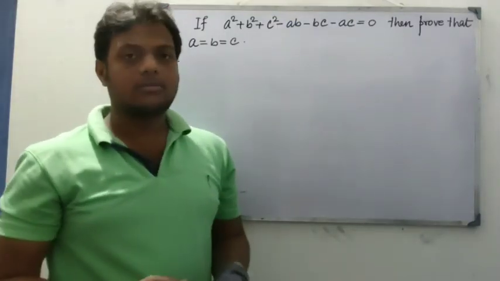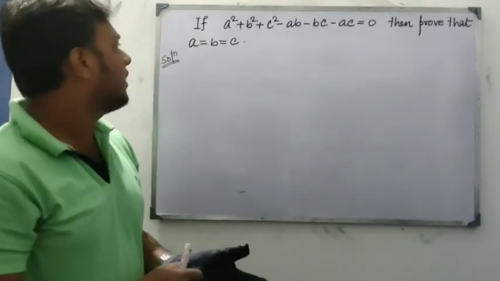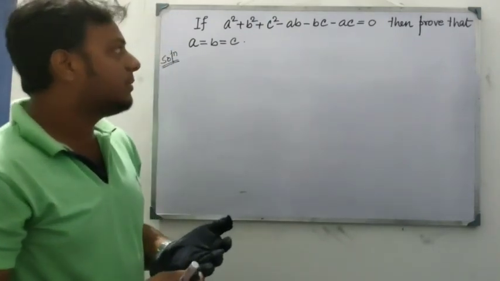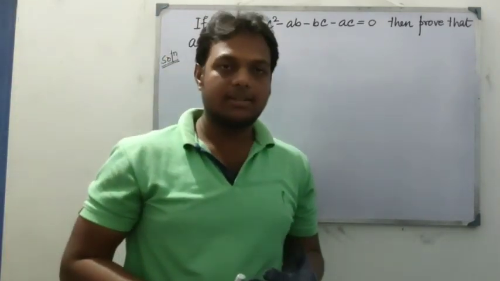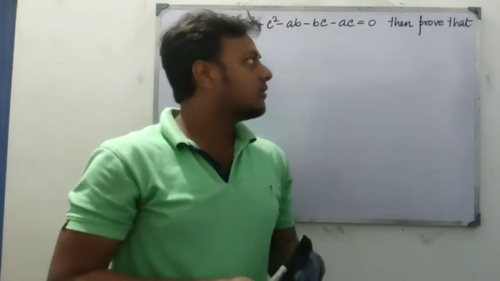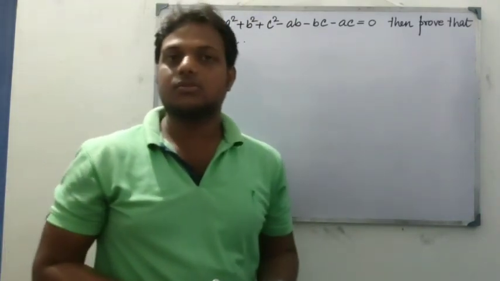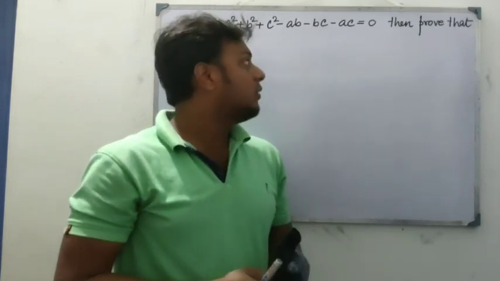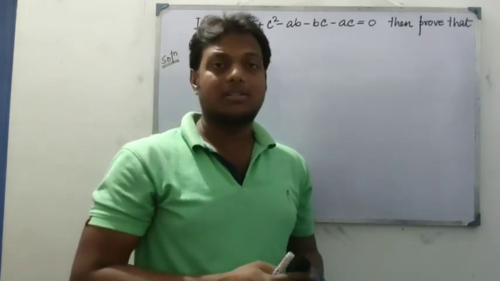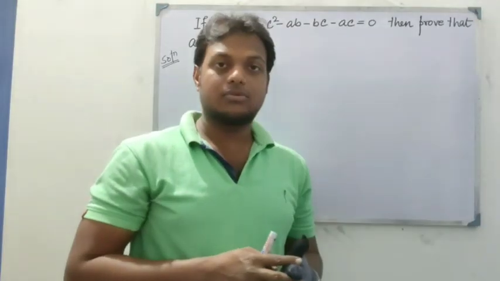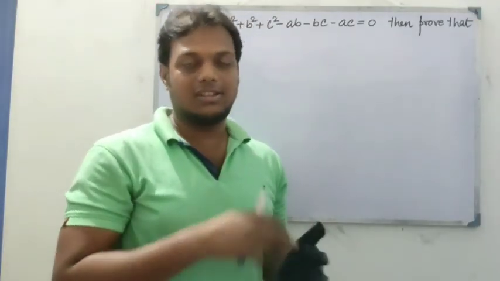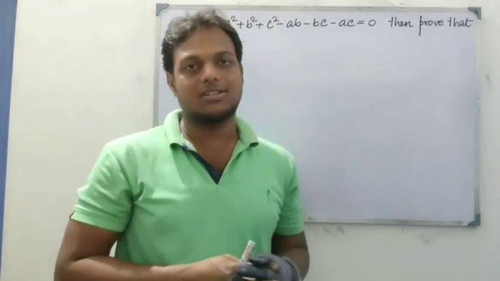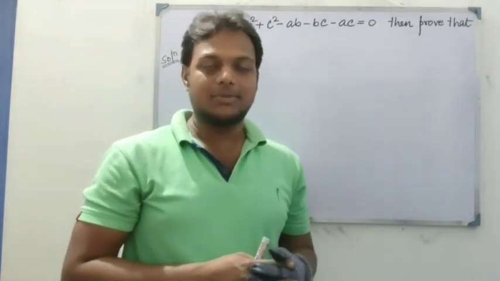This is the problem, that if a square plus b square plus c square minus ab minus bc minus ac equals 0, then we have to prove a equals b equals c. Okay, I'll prove it, but you have to watch this part very carefully and with your full attention. Okay, this is a very easy problem.